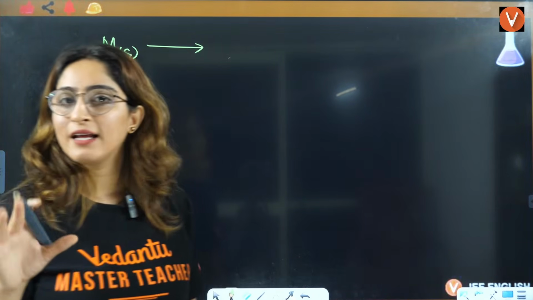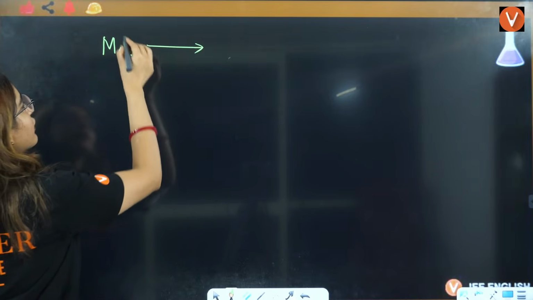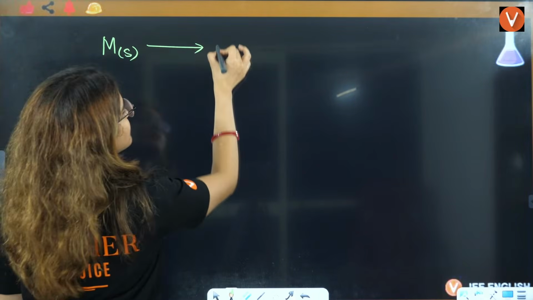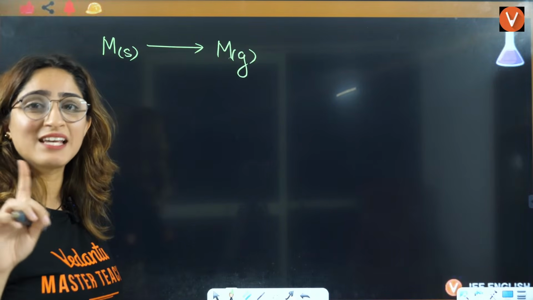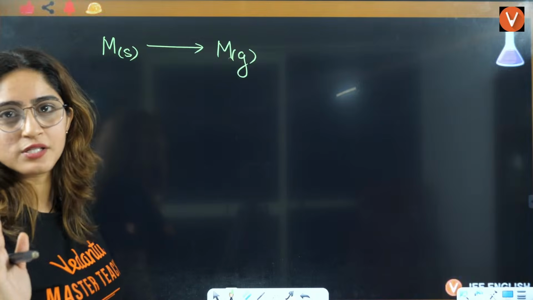So let's understand it like this: you have a metal which is a solid. Firstly, you will convert it into gaseous state, because ionization can happen only in a gaseous atom.